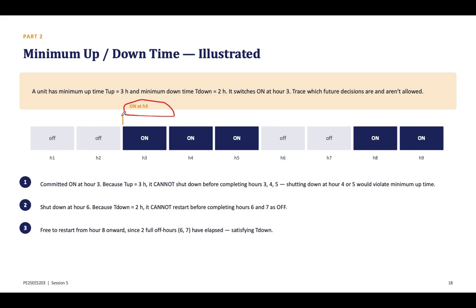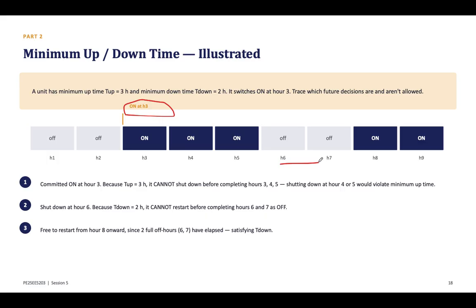Once the unit is shut down, a new obligation begins with a minimum downtime of 2 hours. The unit must remain off during hours 6 and 7. It cannot be restarted during this interval simply because a short demand increase occurs there.